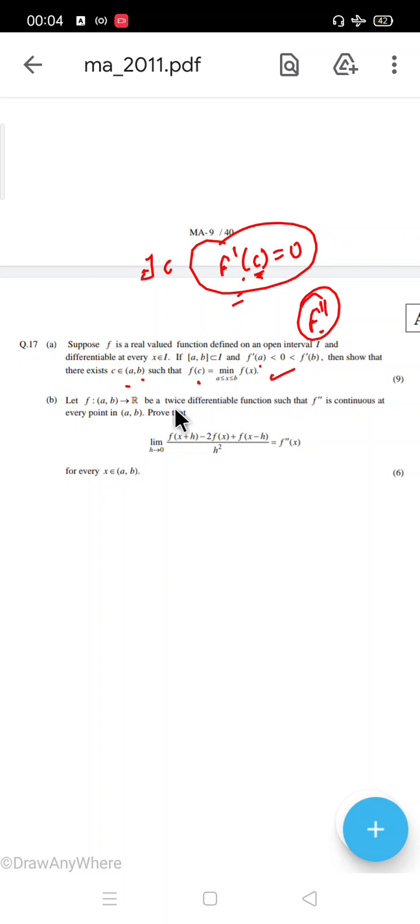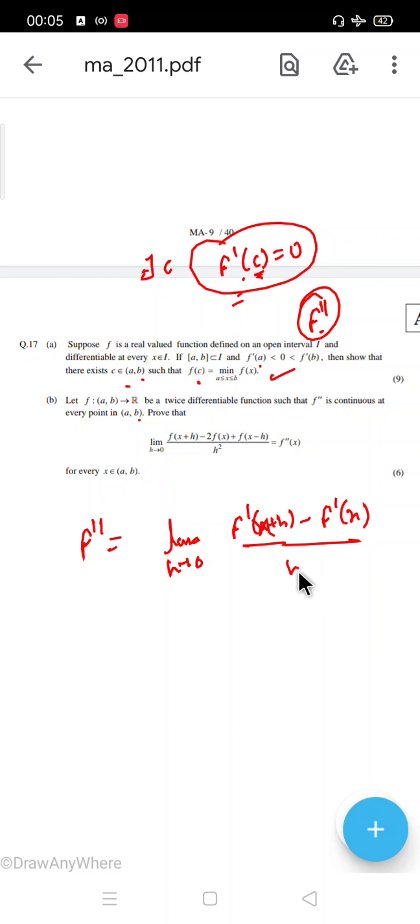If f from [a, b] to R is a twice differentiable function such that f double dash is continuous at every point in [a, b], then prove that f of x plus h minus 2f of x plus f of x minus h. See, f double dash continuous is given, so the proof is easy. You first write the definition of f double dash: limit as h tends to 0 of f dash of x plus h minus f dash of x upon h, correct.